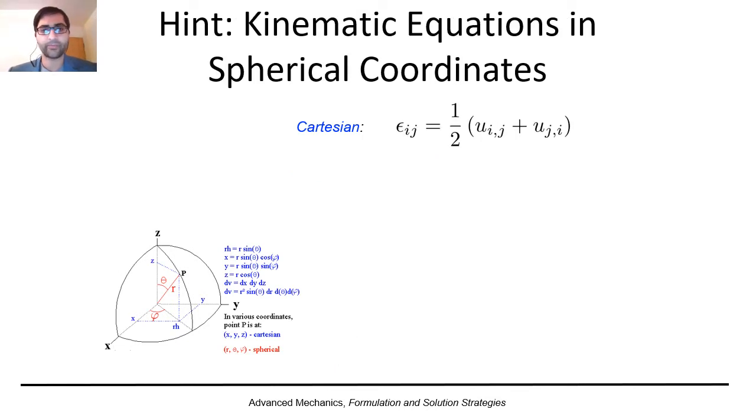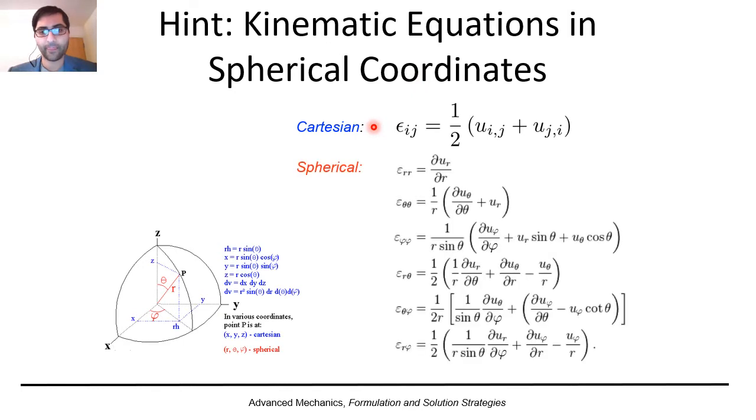Also, the kinematic equation in spherical coordinates takes this form. So for epsilon rr, epsilon theta theta, epsilon phi phi, and epsilon r theta, theta phi, and r phi, we can find a relation with respect to u r, theta, and phi.